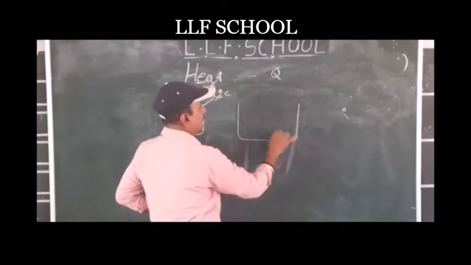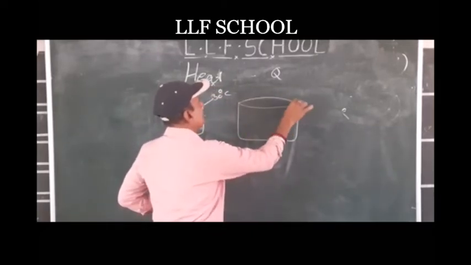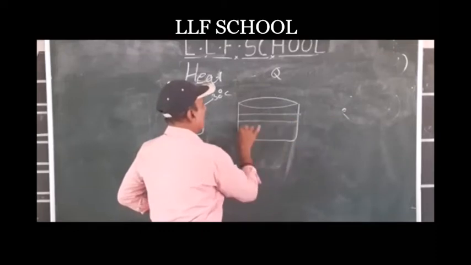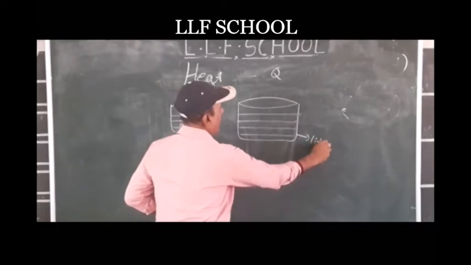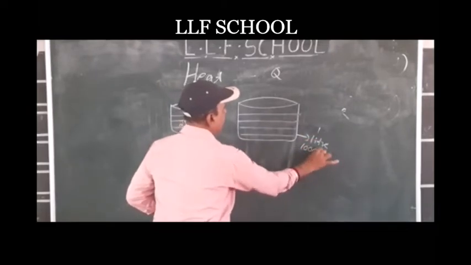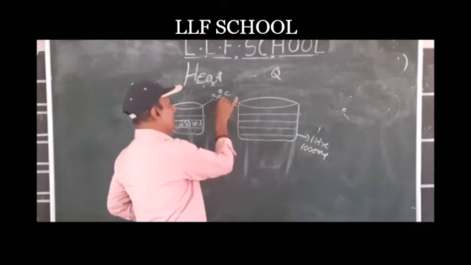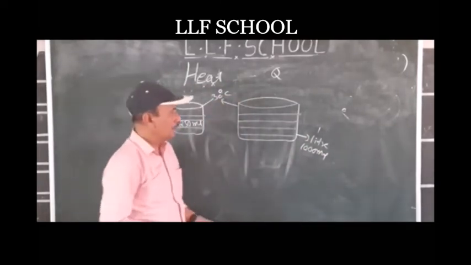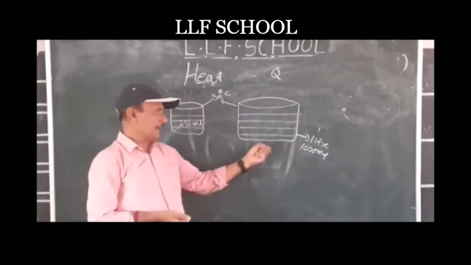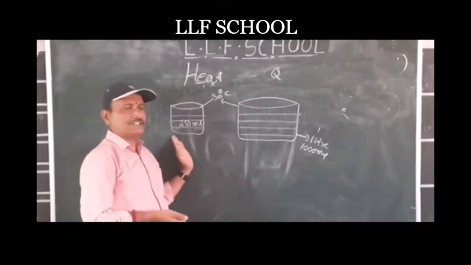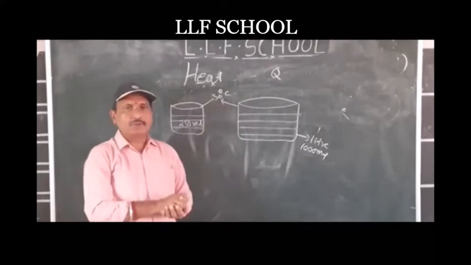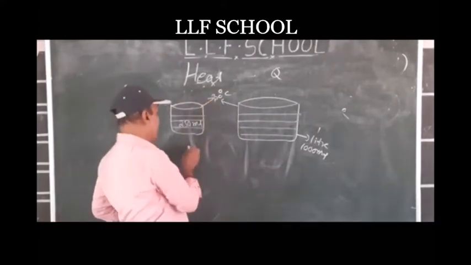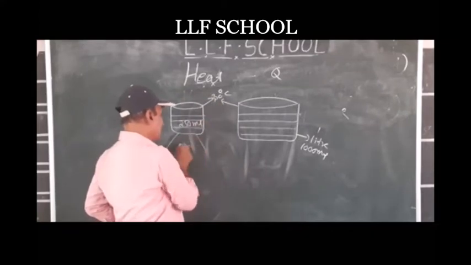1 liter of water, that means 1000 ml. It is also at 30 degrees centigrade. Which is more in mass? The second one is more in mass compared with the first one. Both are at room temperature, 30 degrees centigrade. Now heat them by supplying the same quantity of heat.